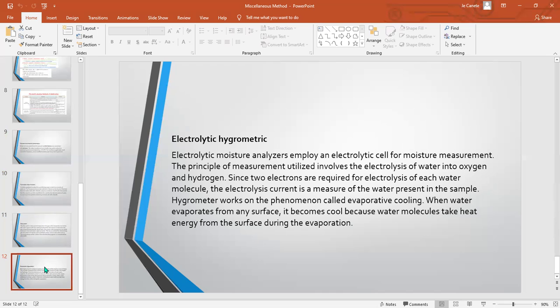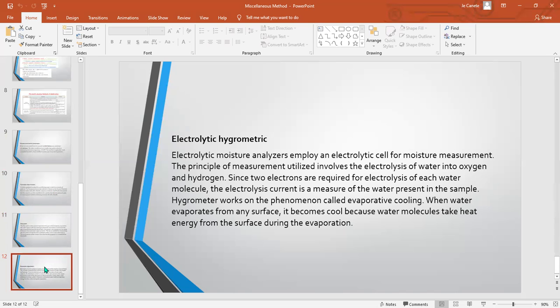Electrolytic hygrometric. Electrolytic moisture analyzers employ an electrolytic cell for moisture measurement. The principle of measurement utilized involves the electrolysis of water into oxygen and hydrogen.